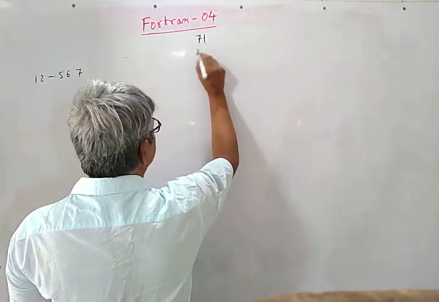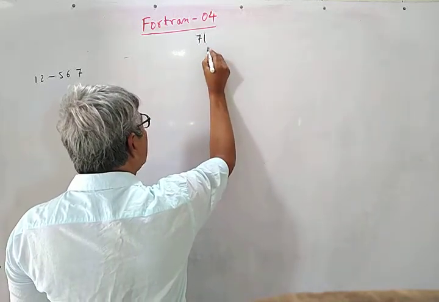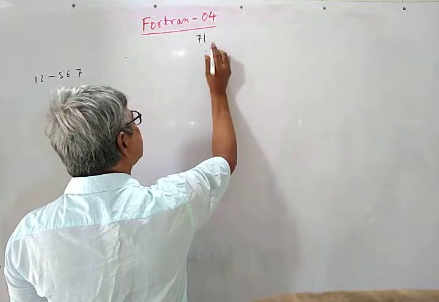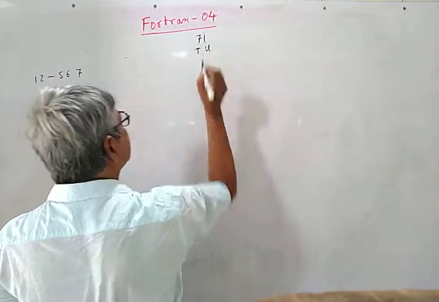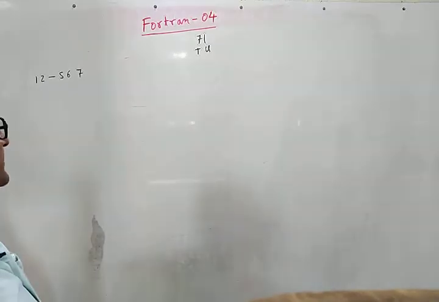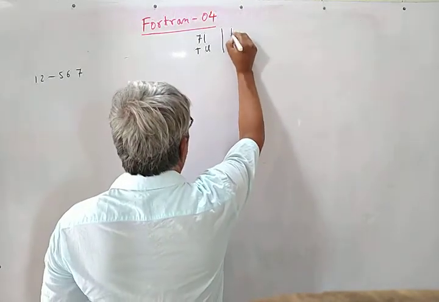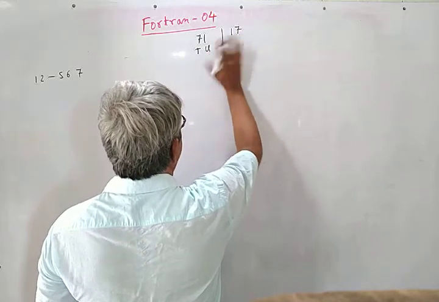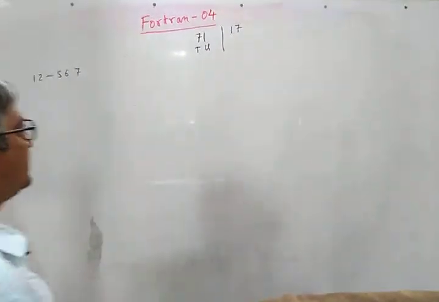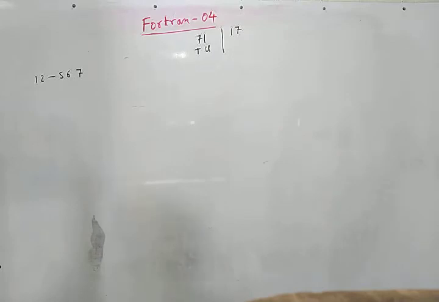I need to identify the digit in the unit place and the digit in the 10th place. And the simple application would be to construct the number obtained by interchanging the bits in the units and 10th place. So how to do this?